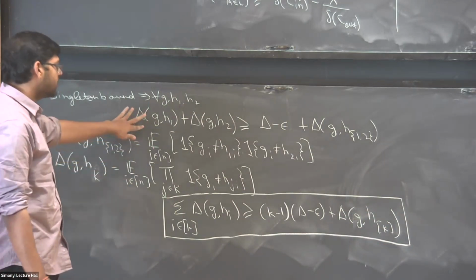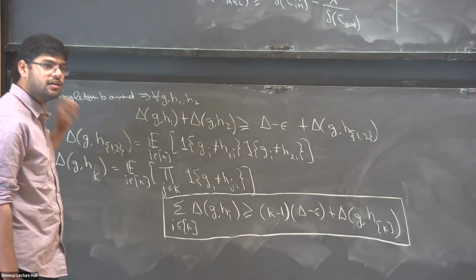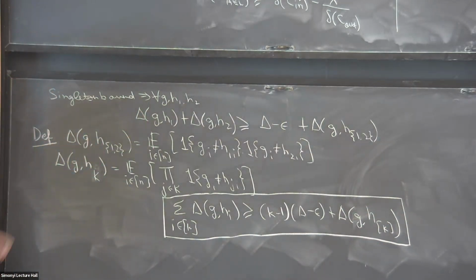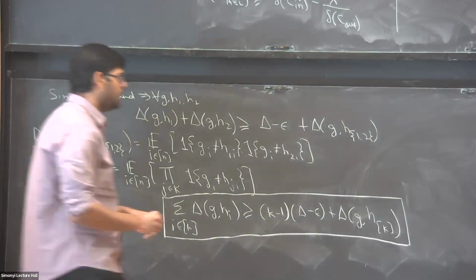For K equals 2, I kind of argued vaguely. That can be the base case. Let's try to worry more about the inductive step. Maybe for intuition, I can start with K equals 3.